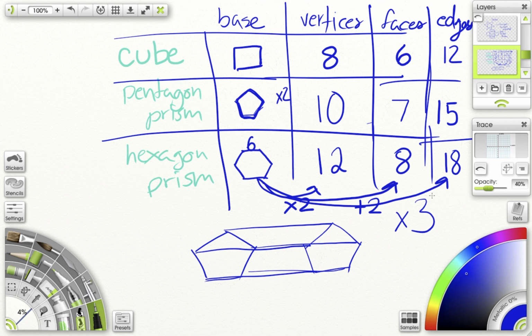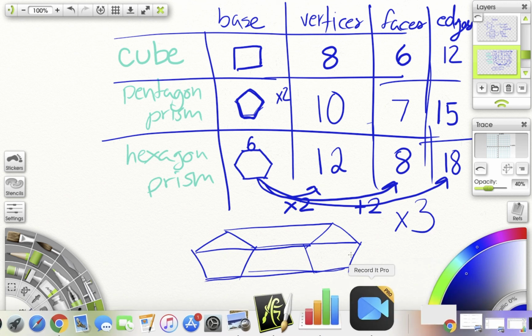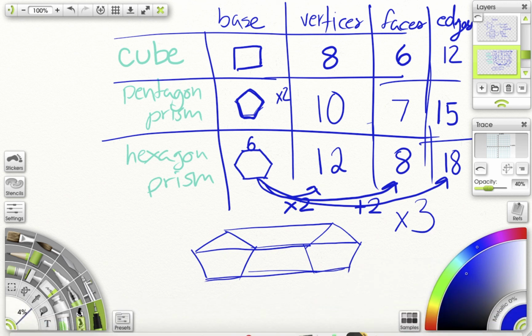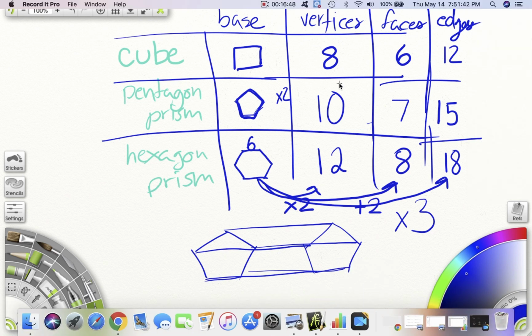And that's it. So what I'm going to do is, because this lesson took a little longer than I thought it was going to originally, you're just going to have a chart of prisms. So it's going to have a cube, a rectangular prism, a pentagon-based prism, hexagon prism, all that. You are filling in the chart with the number of vertices, edges, and faces that these shapes would have. Remember your pattern rules.